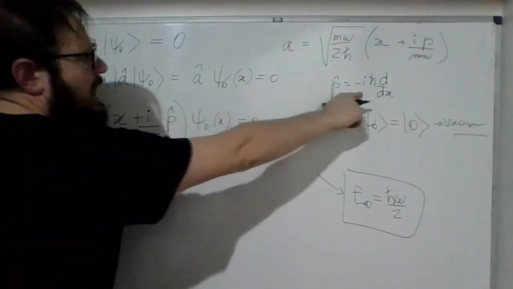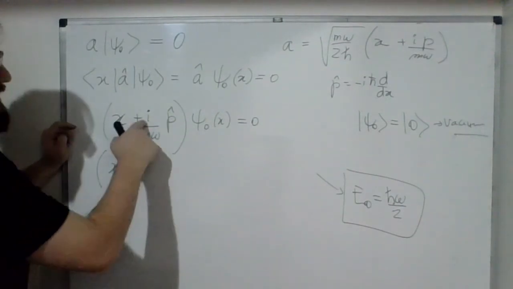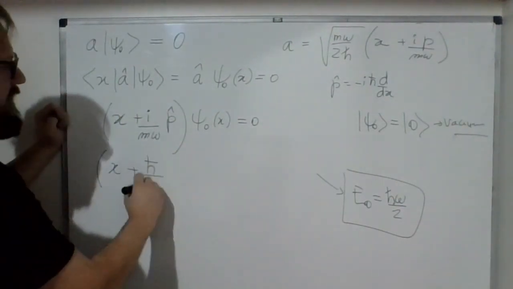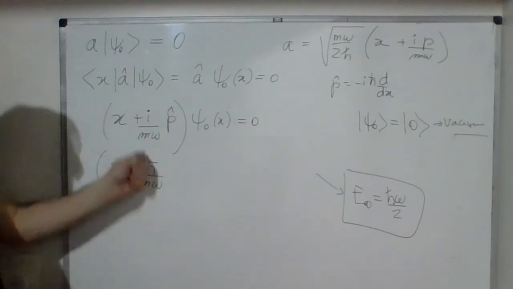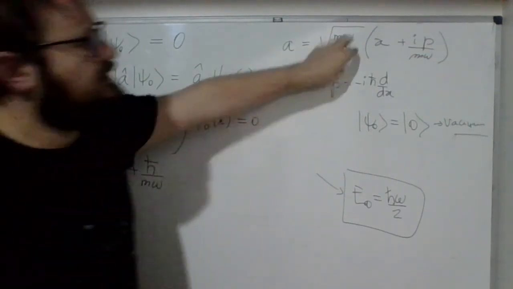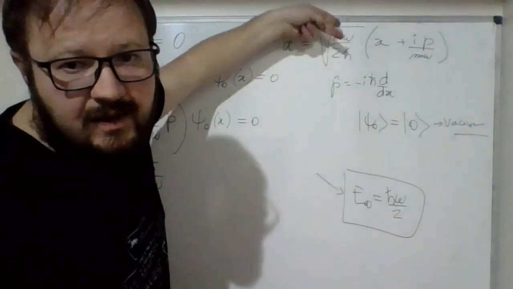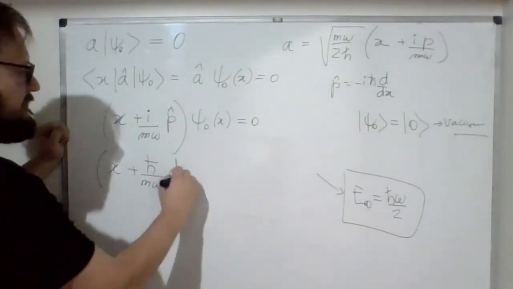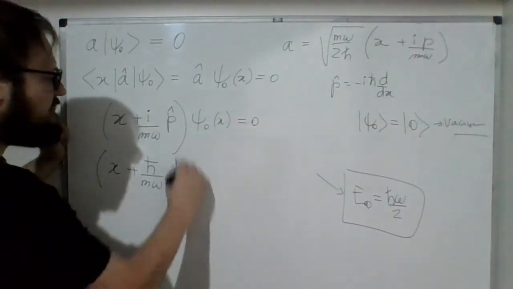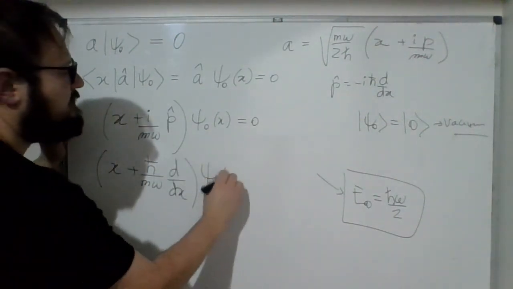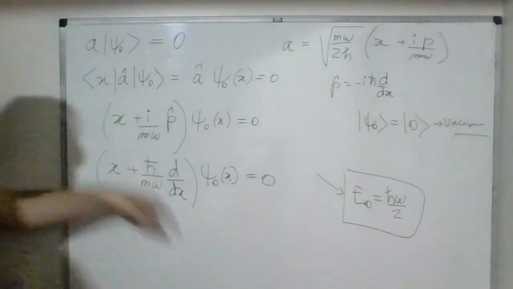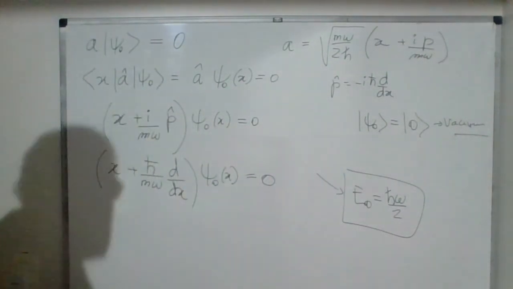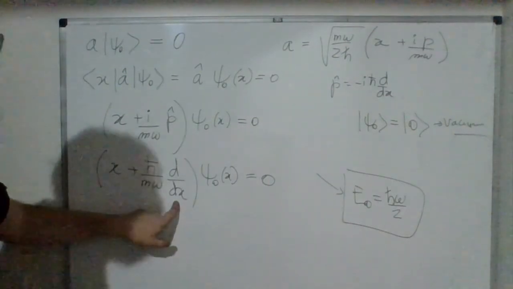So this minus with this i will give you plus h bar divided by m omega. Notice this factor appearing here, which is to the minus 1, appears here also. The partial derivative applied to this function equals 0.